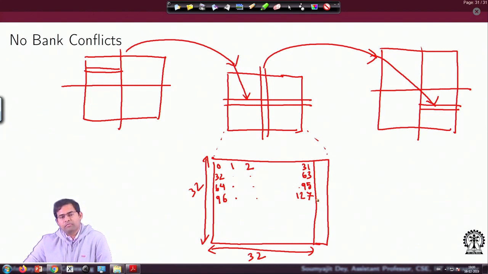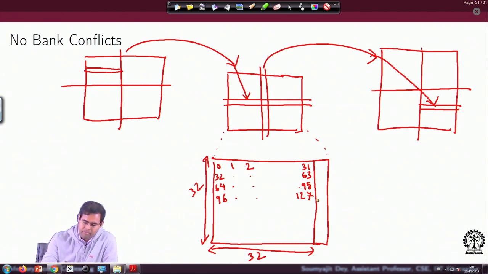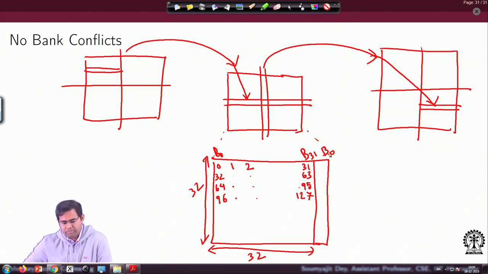So, in terms of the banks, how is this mapping happening? The data for location 0 goes to bank 0, and so on up to bank 31, and then this location gets mapped to bank 0 again. That is what has changed.